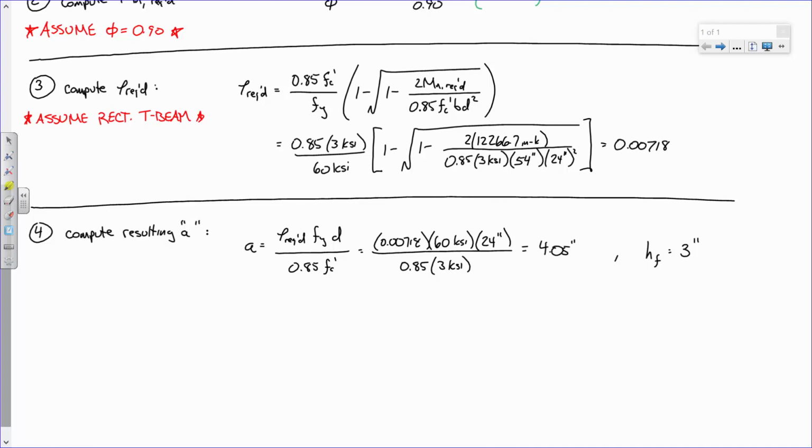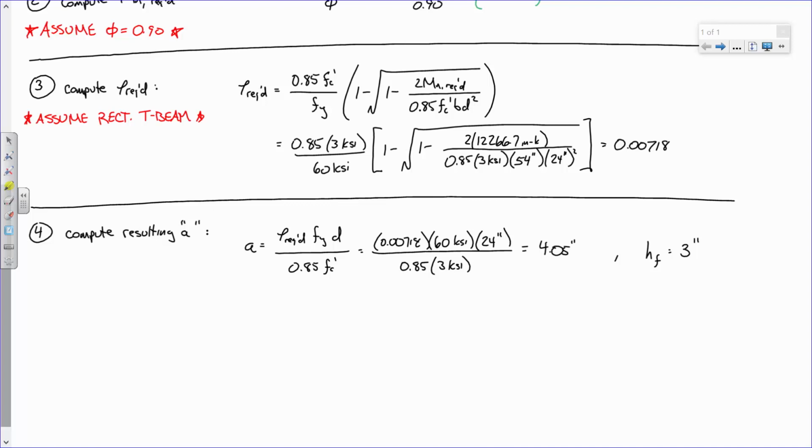So remember, we assumed that it was a rectangular T-beam, and we computed this rho value. We said, well, if we use that much reinforcement, what would our resulting stress block depth be? And that was this. Well, this doesn't work because for it to be a rectangular T-beam, this would have to be less than 3 inches because our stress block would have to go inside that flange.